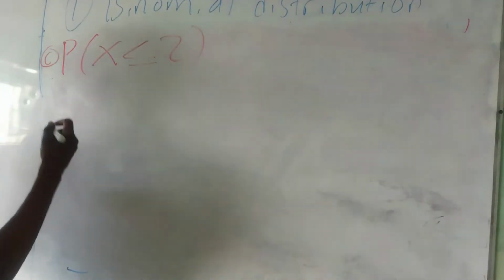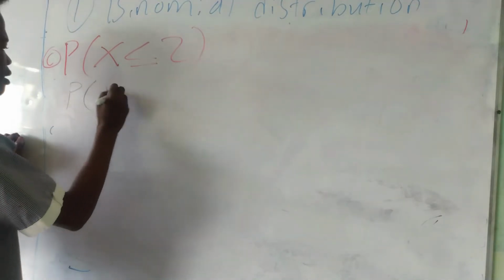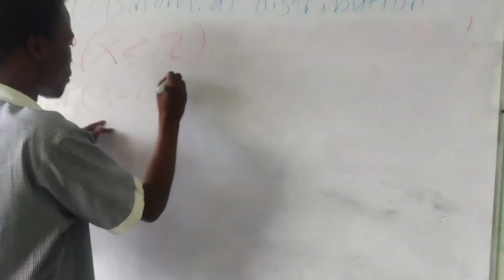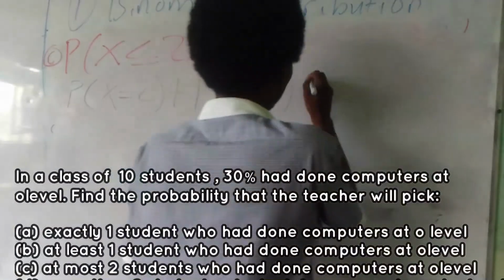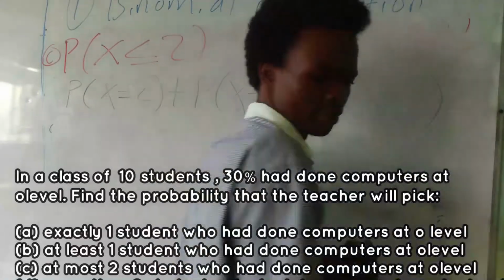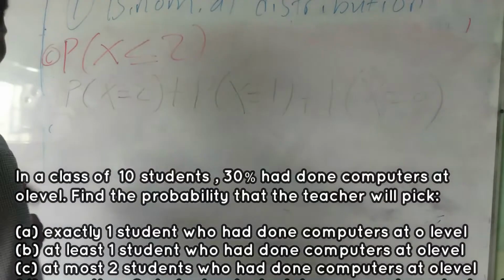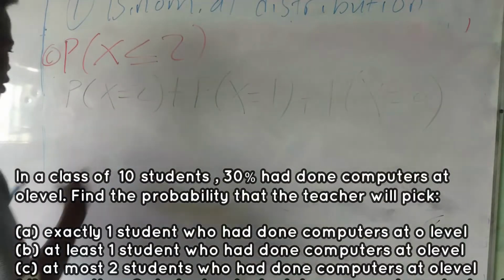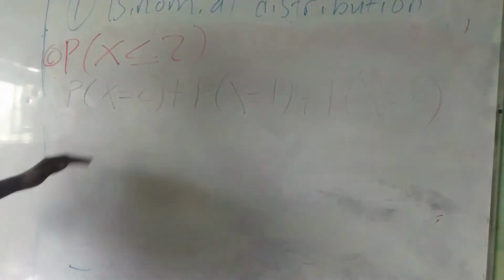So it's now probability of x is equal to 2 plus probability of x is equal to 1 plus probability of x is equal to 0. We are now using that binomial distribution formula to calculate this probability.